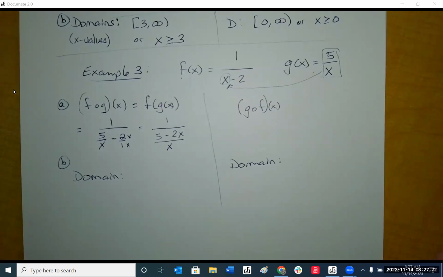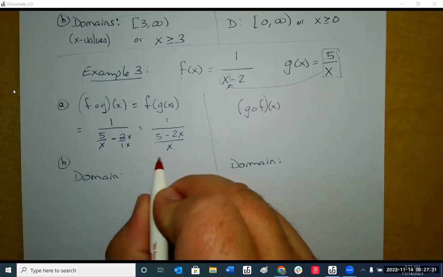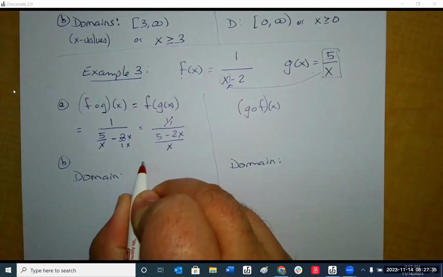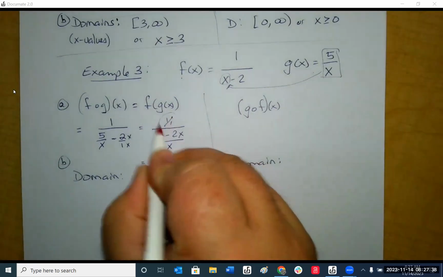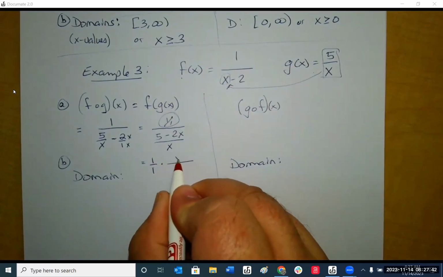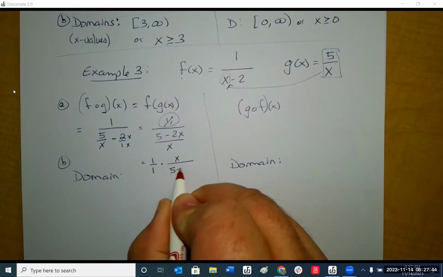What's the rule about a fraction divided by a fraction? The rule is this: take the top fraction, which is 1 over 1, leave it alone. Multiply it by the flip of the bottom.